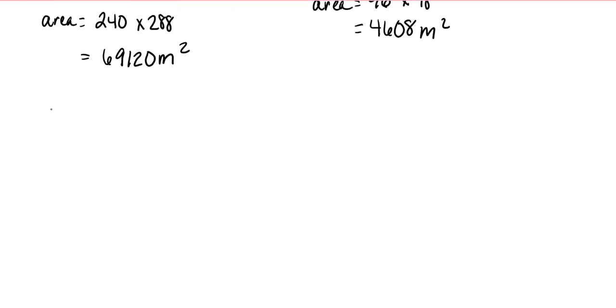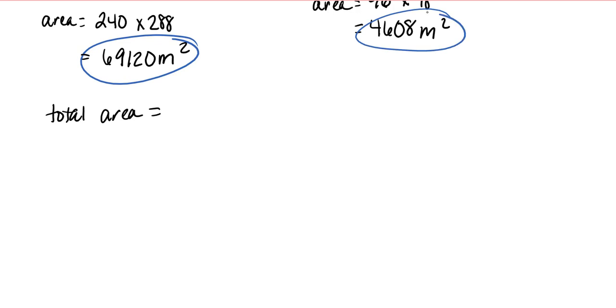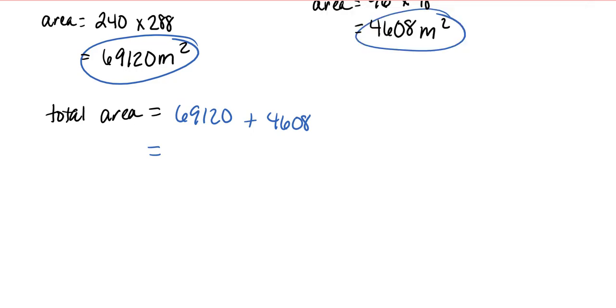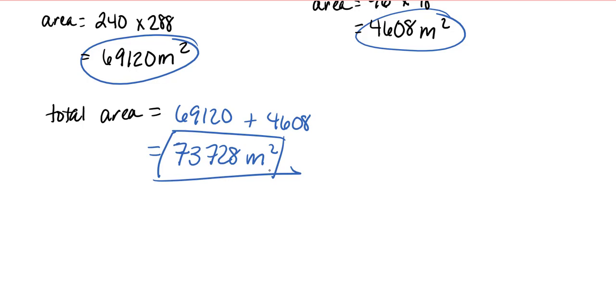Then to find the total area, we add these two numbers together. Since we already have this number, let's add that number to it, and we get 73,728 meters squared, and that would be the total area of the containment.